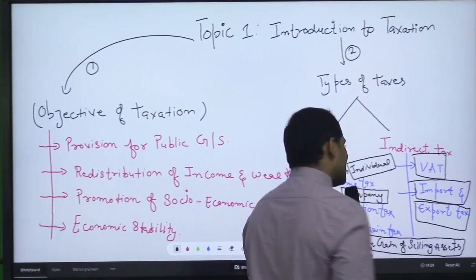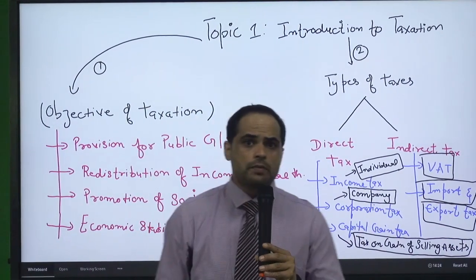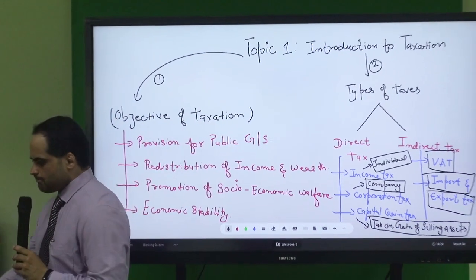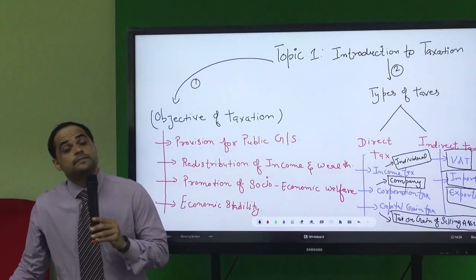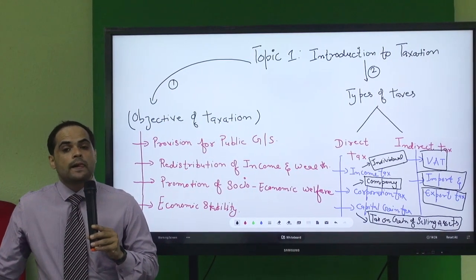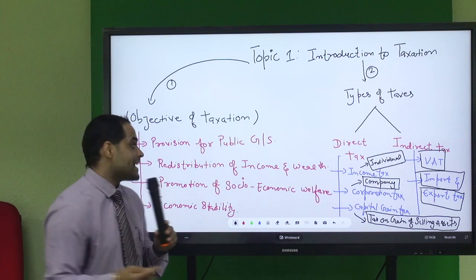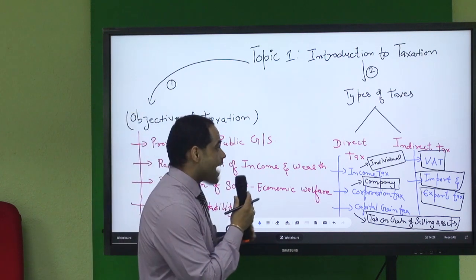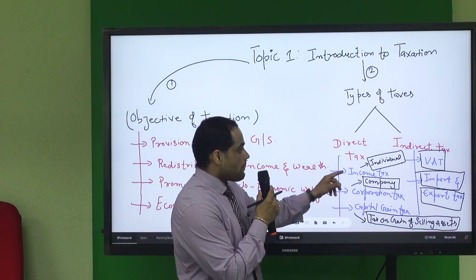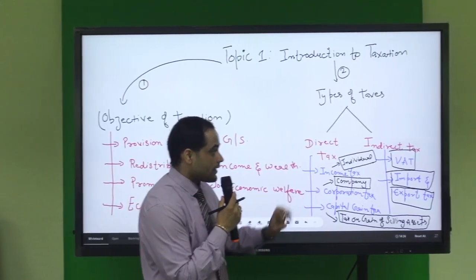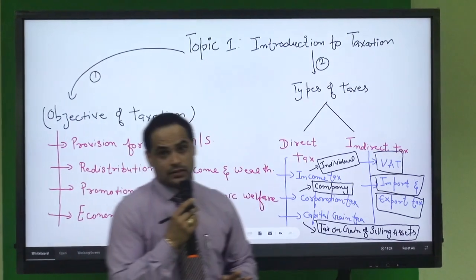So now the question is, does everybody have to pay tax? The answer is yes. Why? It depends on what kind of tax. Of course, not everybody has to pay income tax, corporation tax, capital gain tax, or import-export tax.